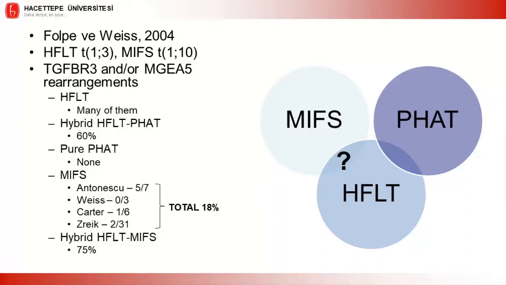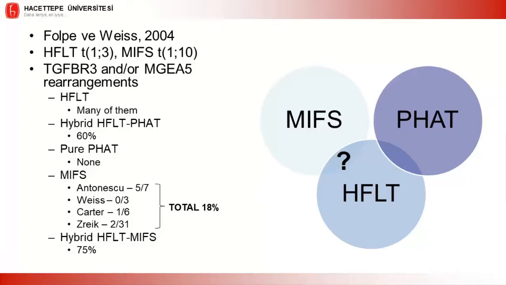So when we look at molecular findings, TGFBR3 and MGEA5 rearrangements are seen in many hemosiderotic fibrolipomatous tumors, and also in many cases of hybrid HFLT and MIFS cases. But pure MIFS cases don't contain any rearrangement.